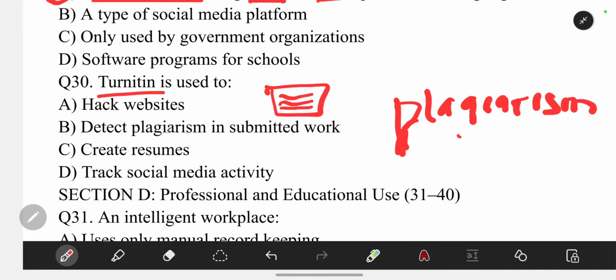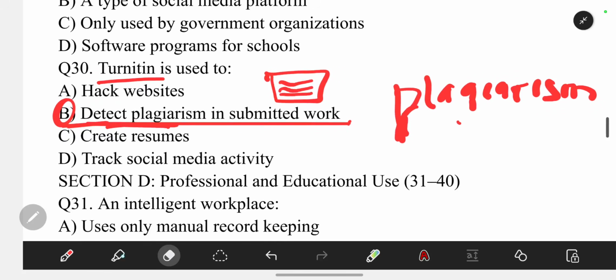So Turnitin is used to detect plagiarism in submitted work by checking assignments, by comparing with what is on the web. So with Turnitin, they are able to detect if it is AI generated or it is just you who was writing, in order to give marks on an assignment.